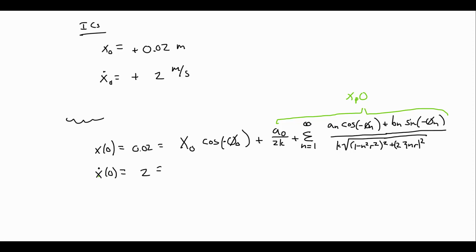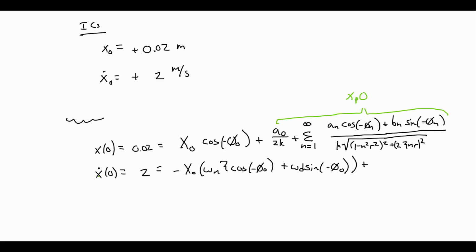And going back to the slides, if I put in t is 0 here, I'll get a negative x naught times e to the 0, which is just 1, times my omega n zeta cosine negative phi naught, plus omega d sine of negative phi naught. So that whole thing is multiplied by the x naught term, plus, now here the a naught over 2k goes away.